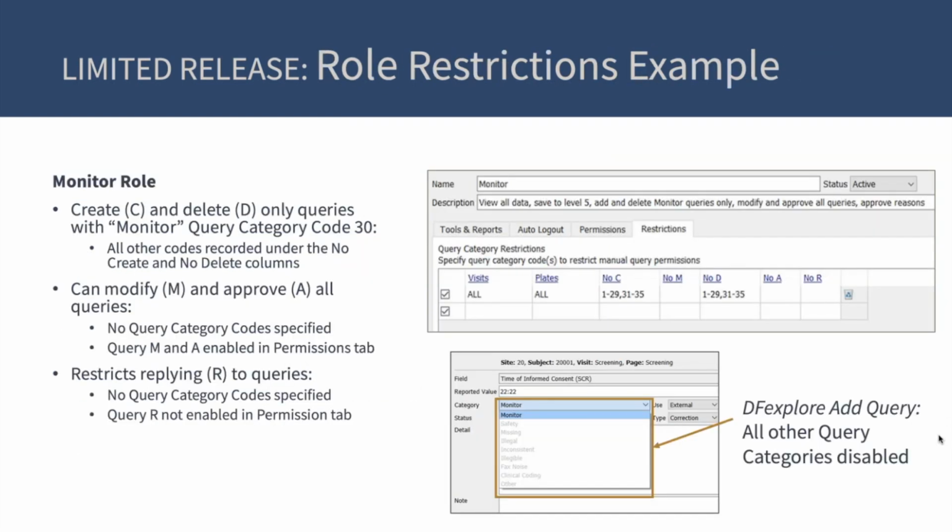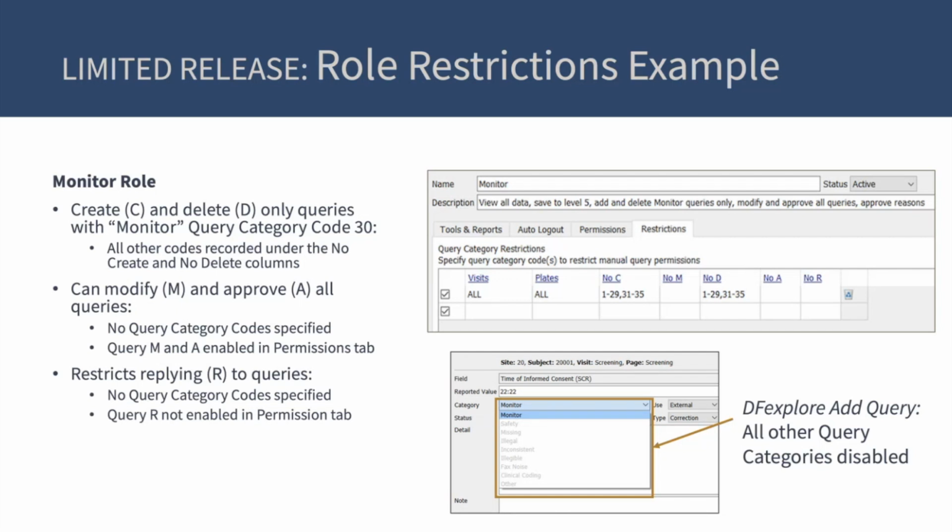So here's an example. For the monitor role, we want the monitor anytime they add a query to have the query category of monitor. So in DFadmin, under the new restrictions tab, you will put under the C and D, which are create and delete, all of the other categories. So you put the ones you don't want them to be able to use. For example, our query category would be code 30.